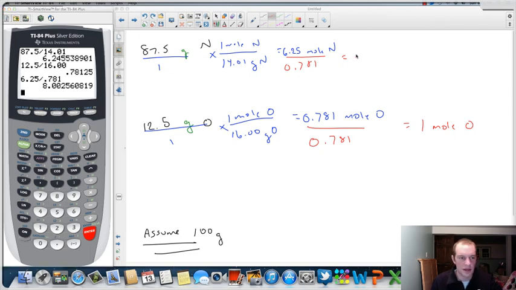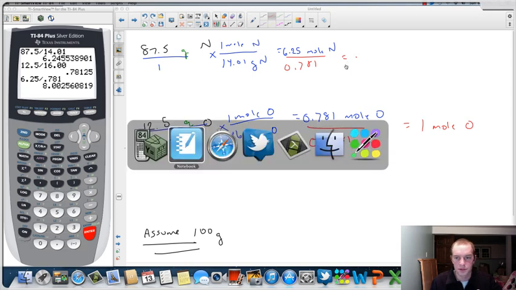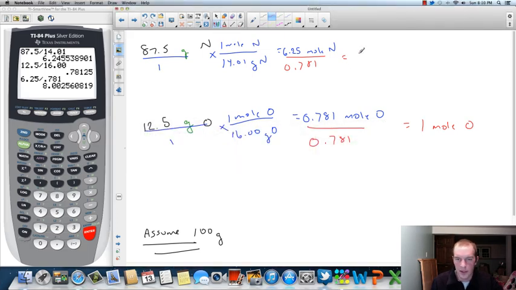So we can see that this is almost exactly 8 moles of nitrogen. In this case now what we know is that the conversion's already done. We can see that it's going to be N8O, okay?